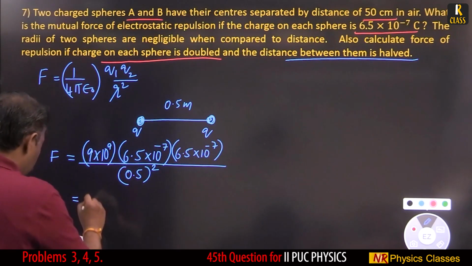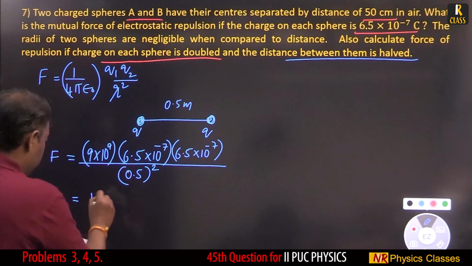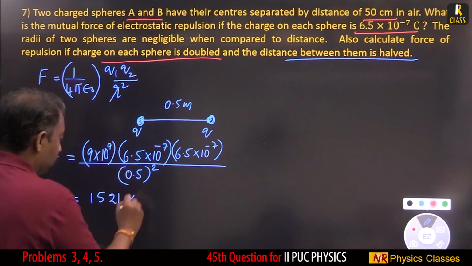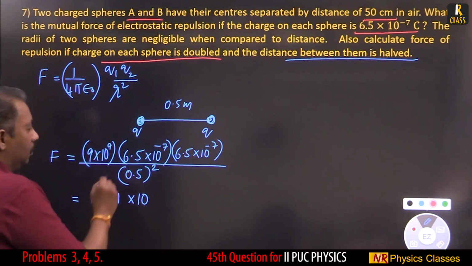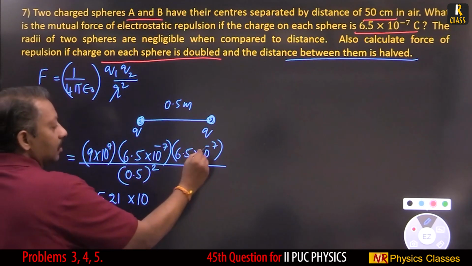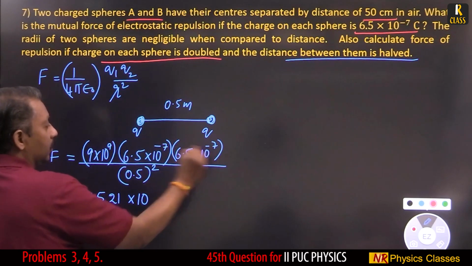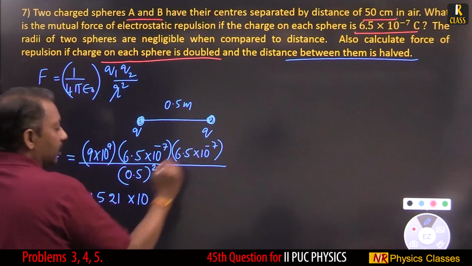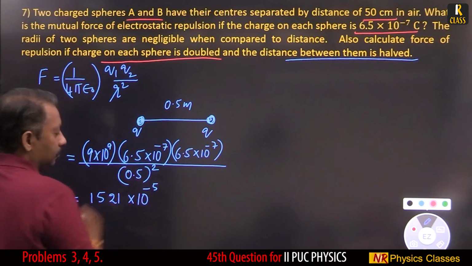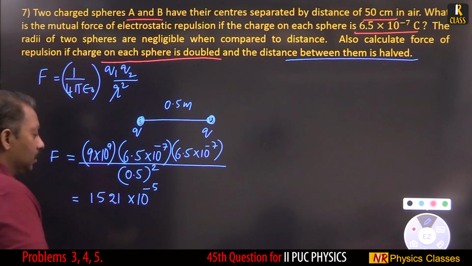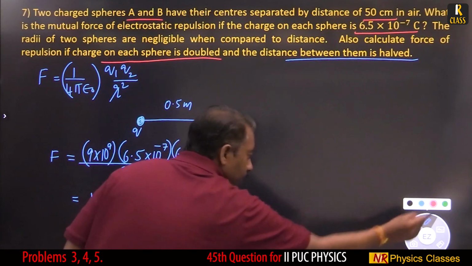It is 1521 × 10^-7 minus 7 minus 7 minus 14, 9 minus 14 is minus 5. Now here is the decimal point.